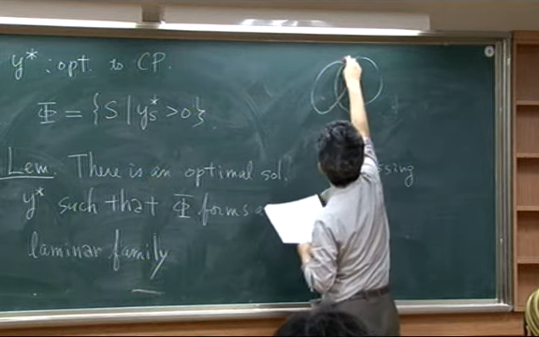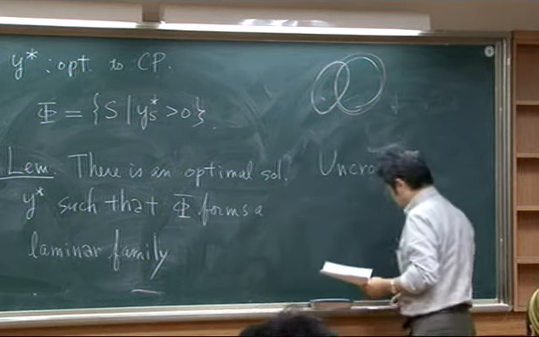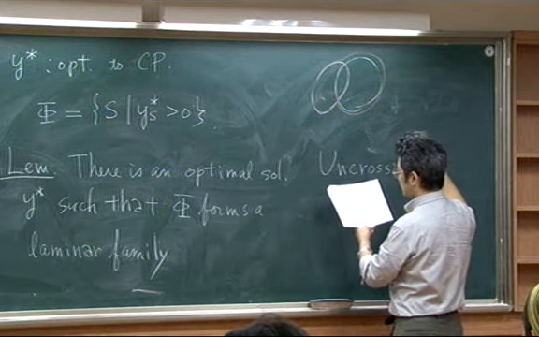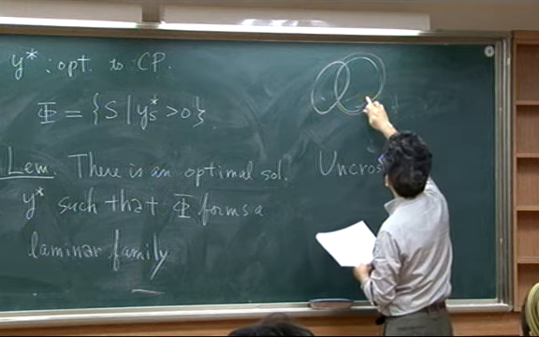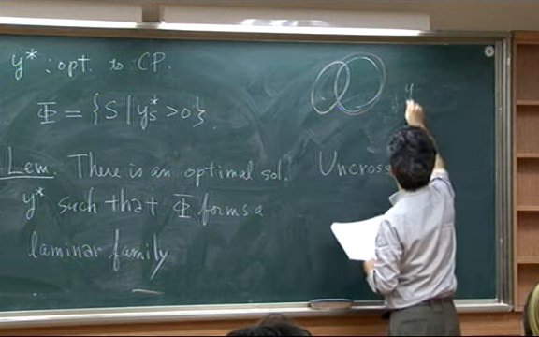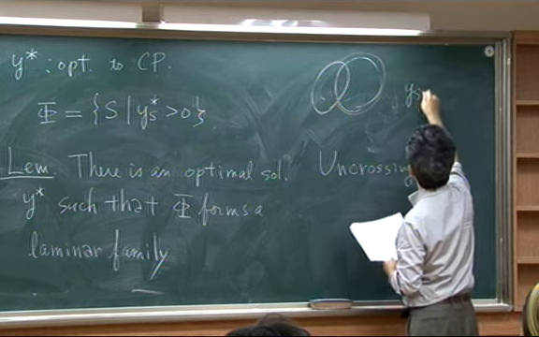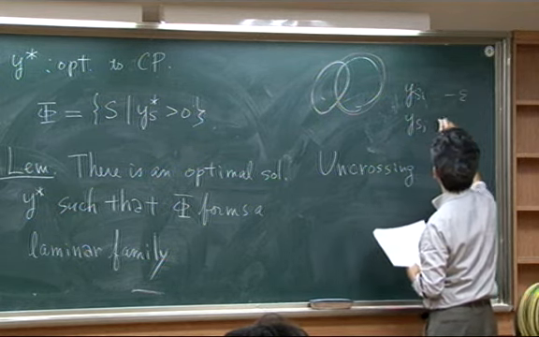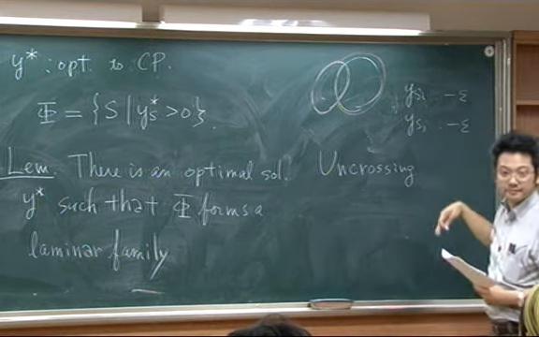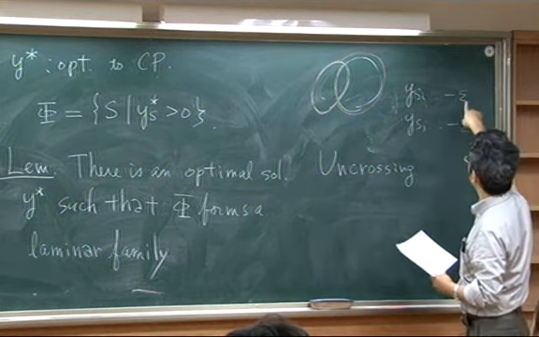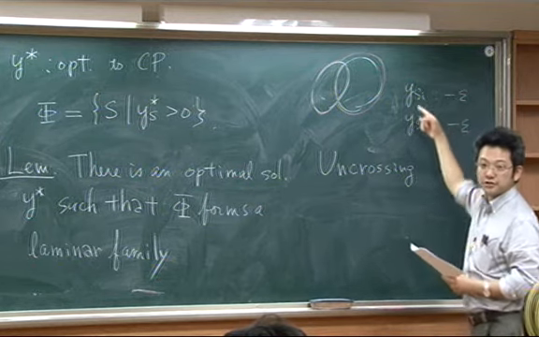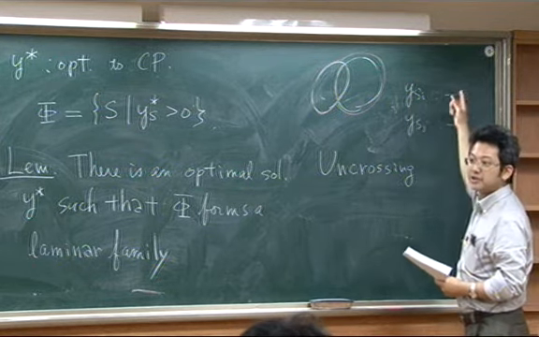You subtract the values Y_Si and Y_Sj by epsilon. If epsilon is determined to be the minimum of these two values, then one of them will become 0.